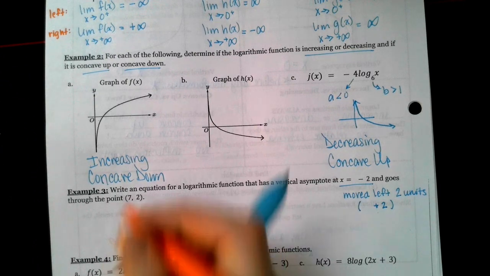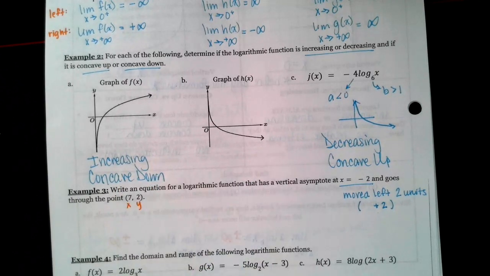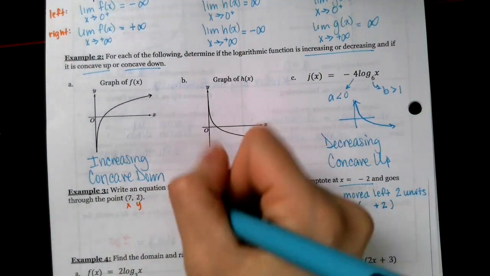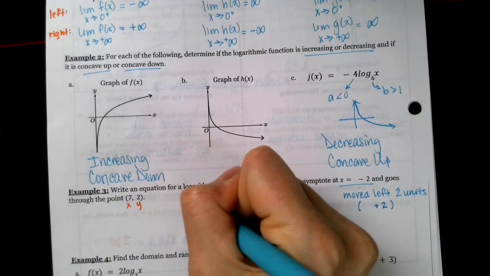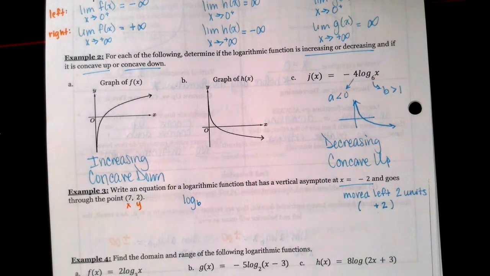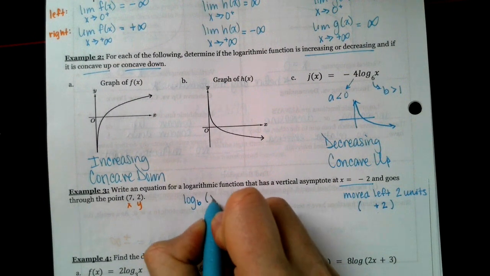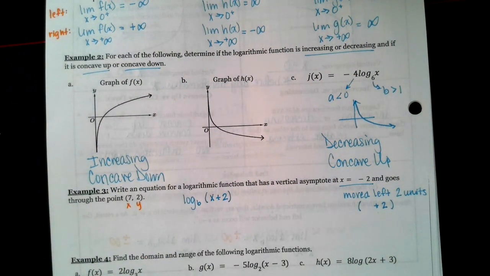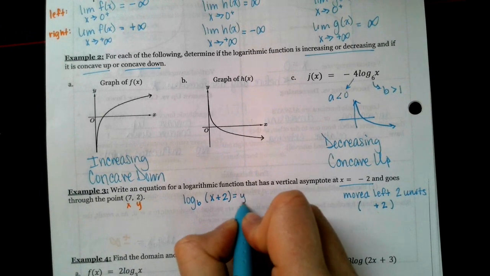And I have a point, I have an x value, and I have a y value. So I know it's a logarithmic function, so I can start this with log with some base. I don't want to assume what the base is. And I know that I'm going to have x plus 2 on the inside of parentheses, and that will equal my y value.